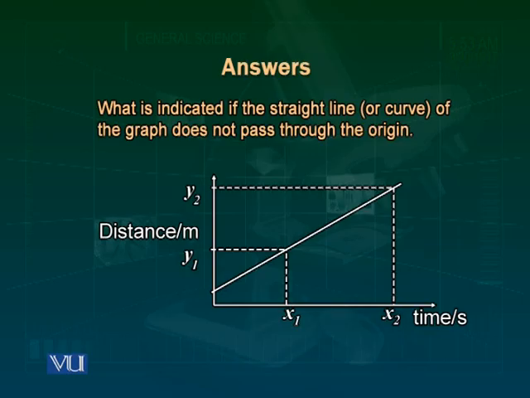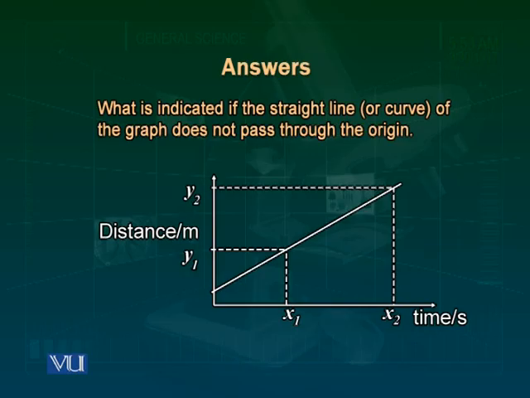Now, if we look at the graph, we will have a slope, of course, change in y, y2 minus y1, over change in x, which is x2 minus x1, which will give us the slope of the curve. Now, that small portion where it does not pass through the origin indicates the position or the distance at time equal to 0.